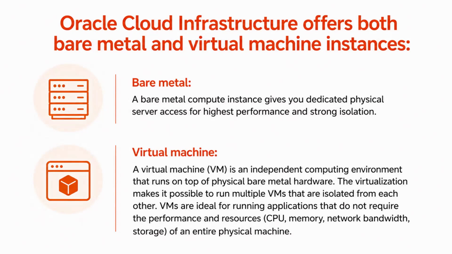That is called a virtual machine. It is based on virtualization, so you can run multiple virtual machines on a single server. Virtual machines are ideal for running applications that do not require very high performance and resources like CPU, memory, network bandwidth, and storage of the entire physical machine. In that case, you can use a virtual machine.